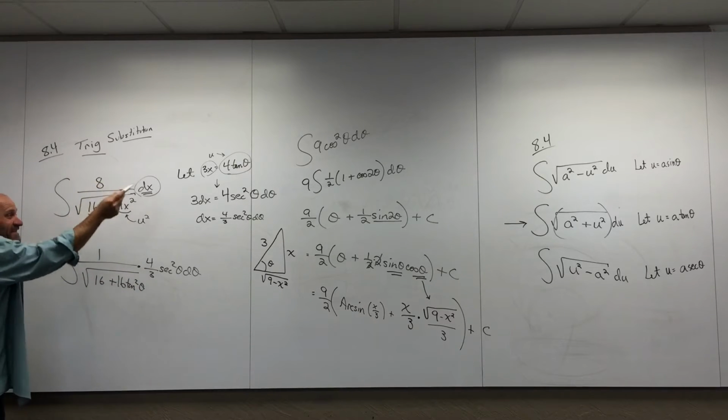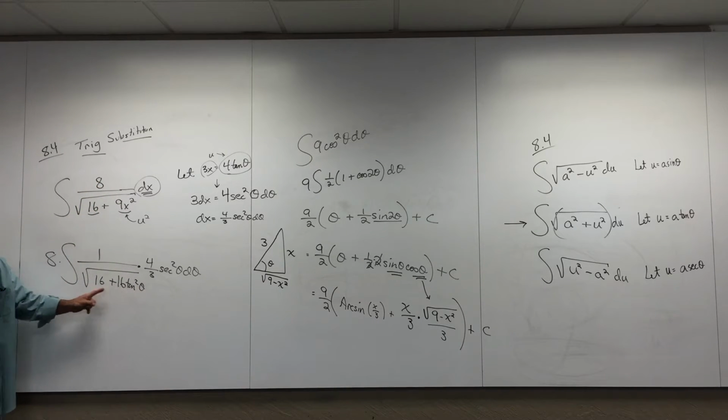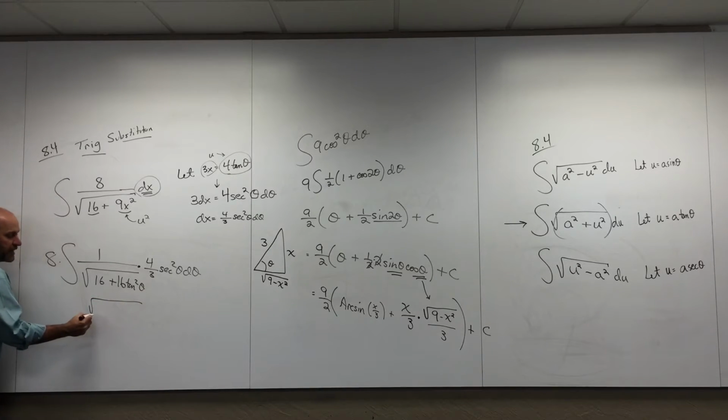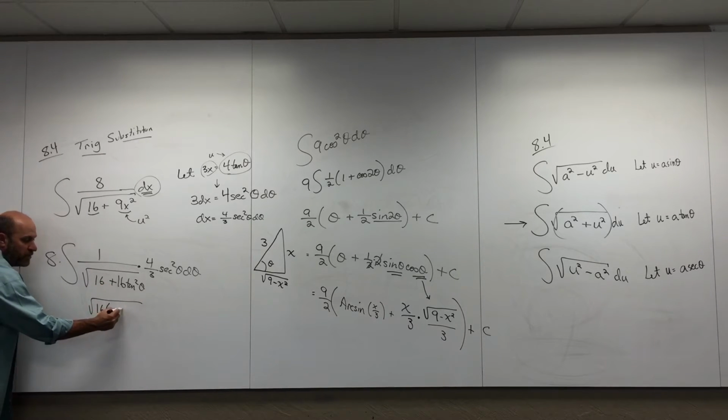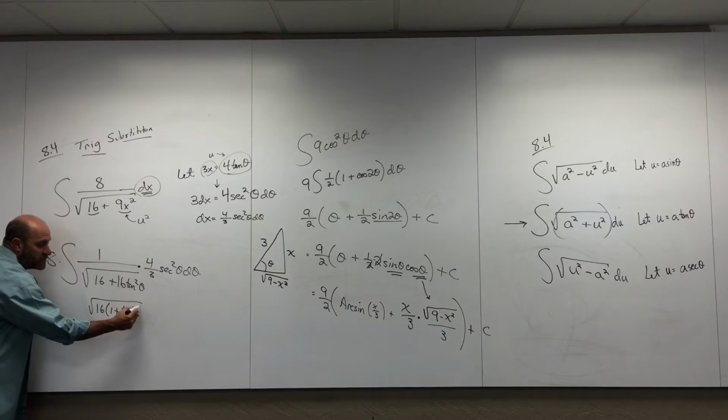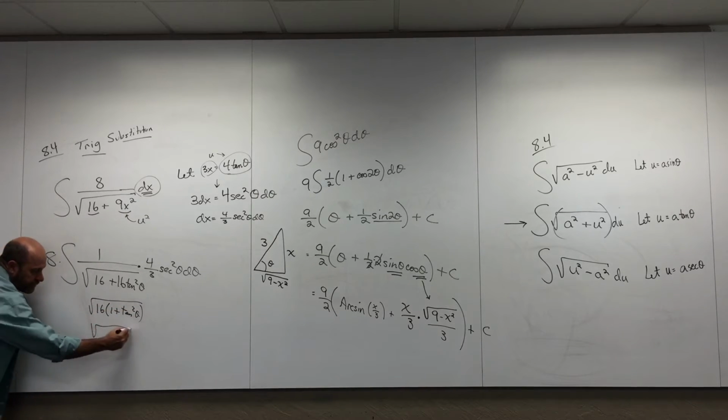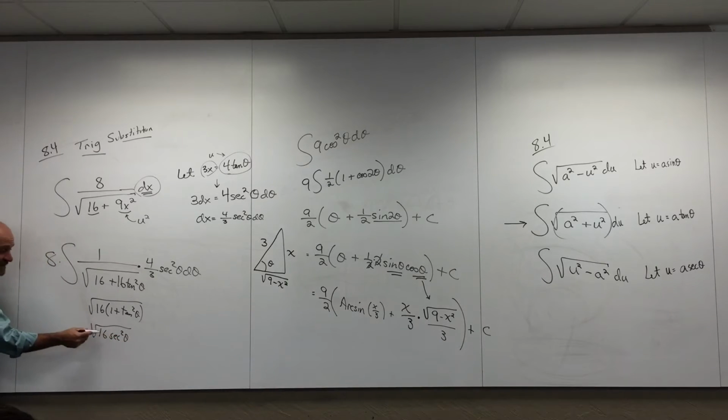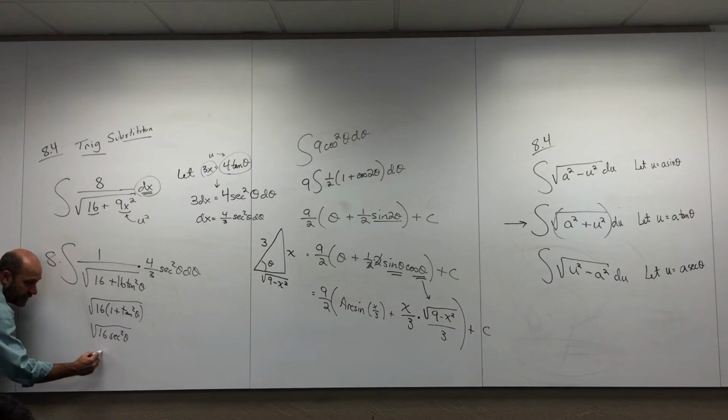The reason you want these 16s to match is because the next step is to factor out a 16. I'm messing with this radical a second. I'm factoring out a 16. It's 1 plus tangent squared. What's 1 plus tangent squared? Secant squared. What's the square root of 16 secant squared?